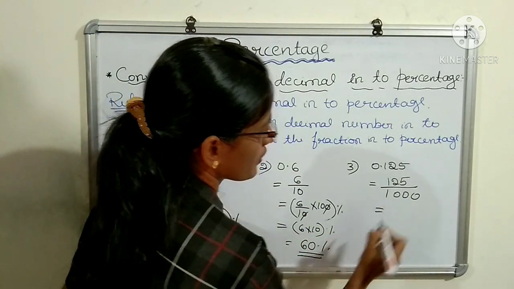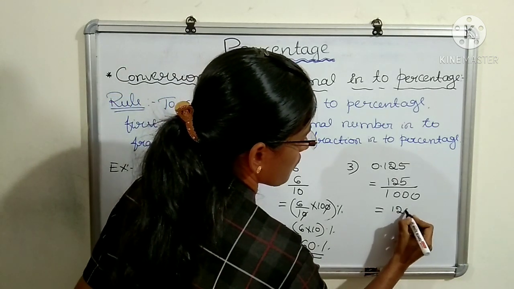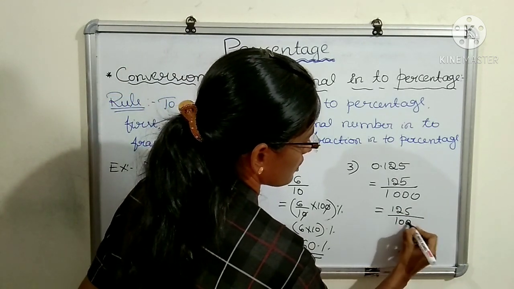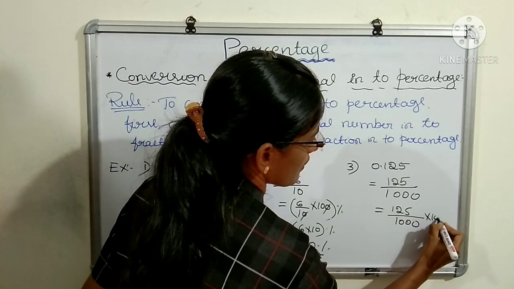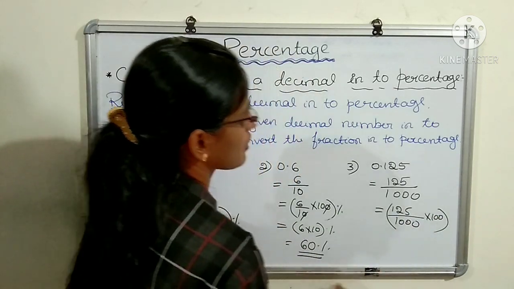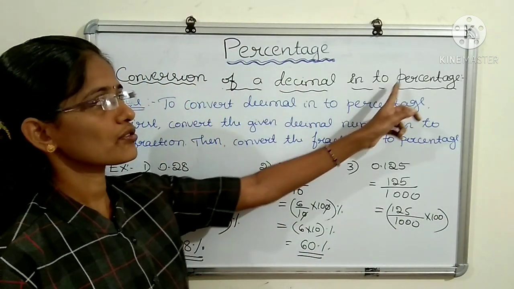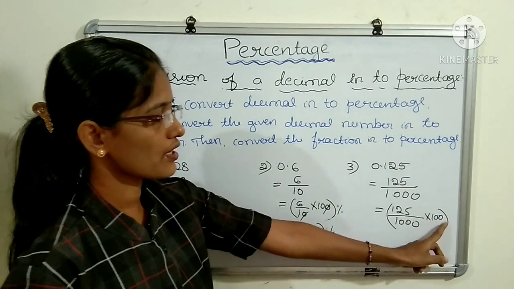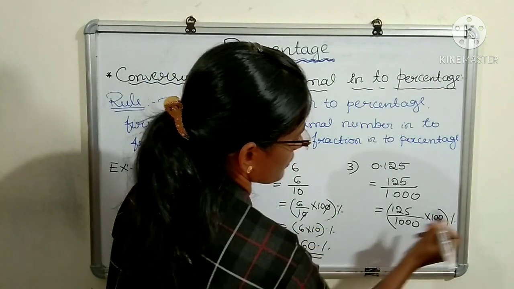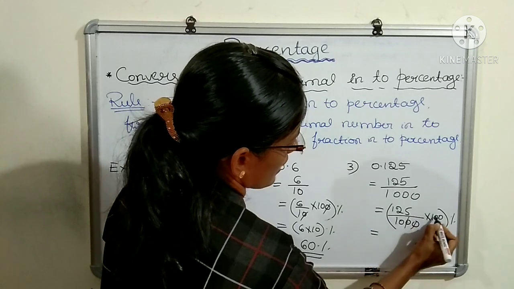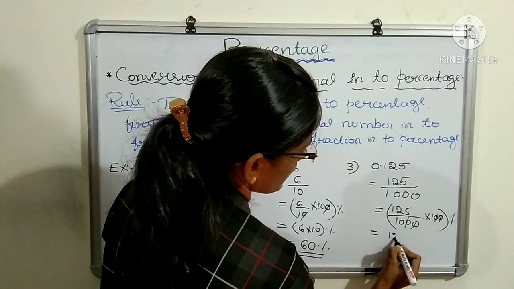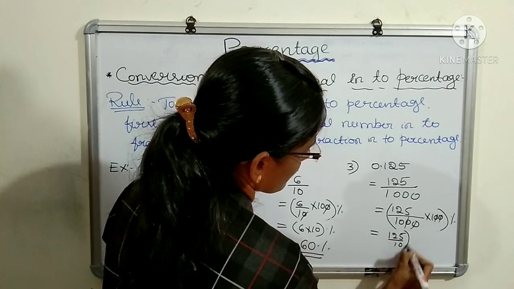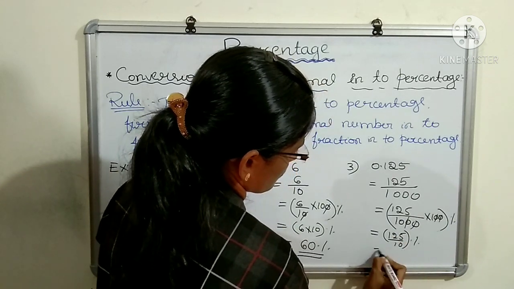Now 125 by 1000 into 100. Because we are converting this decimal into percentage. So into 100 and percentage symbol. Here 2 zeros cancelled. Here 125 by 10 percentage.